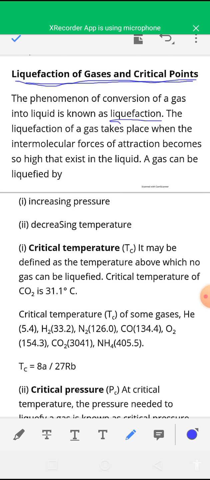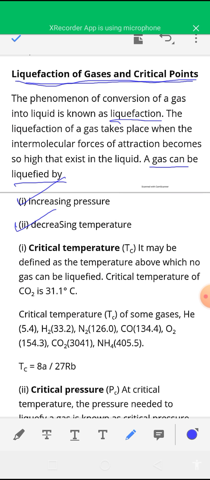The liquefaction of gas takes place when the intermolecular forces of attraction become so high that the substance can exist as liquid. And how to liquefy a gas? A gas can be liquefied by increasing pressure and decreasing temperature.